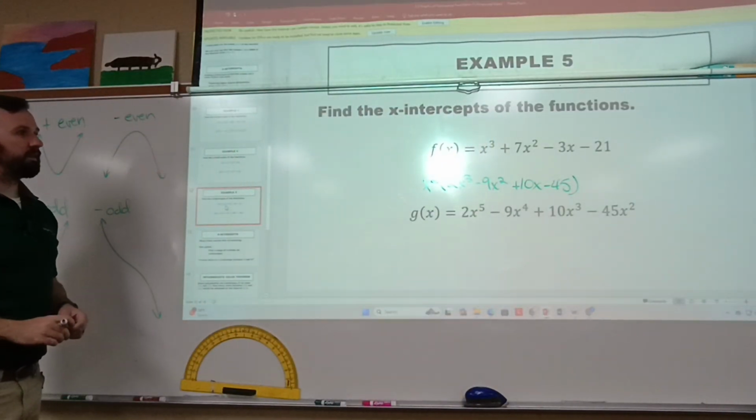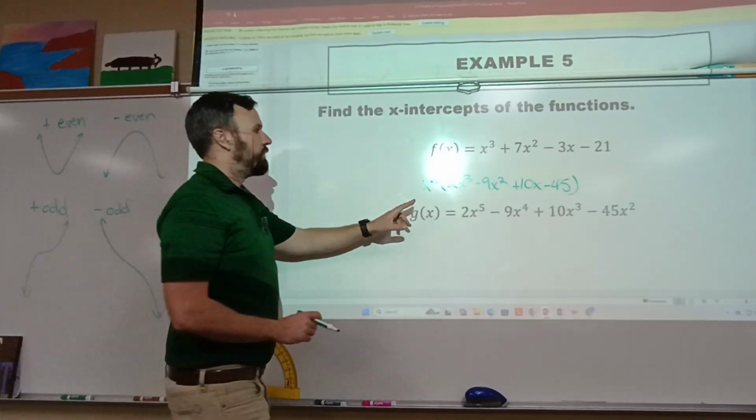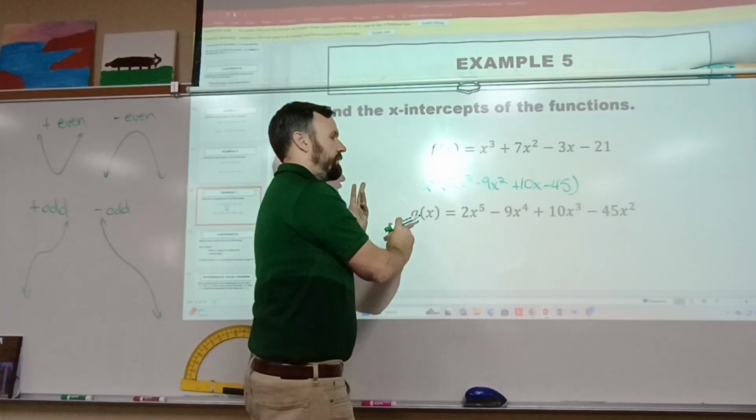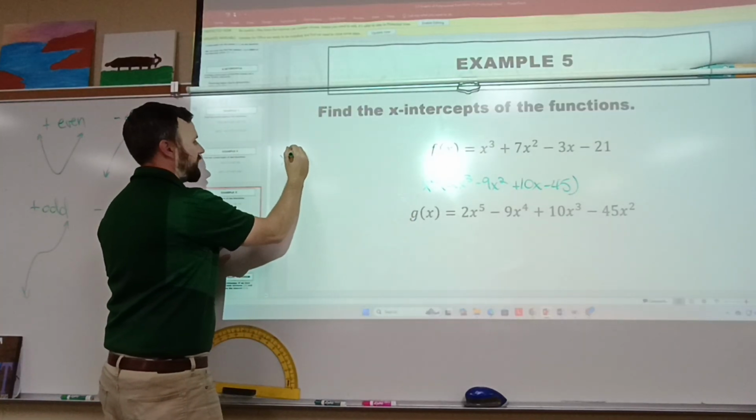Okay. So now I pull out the x squared. I'm going to ignore it for a while. Is that okay? I know in my final answer there's going to be an x squared.